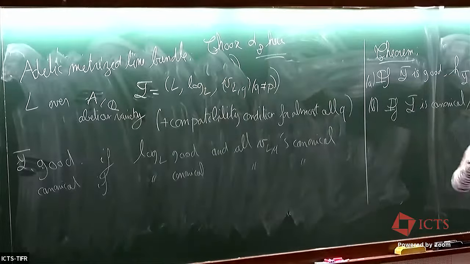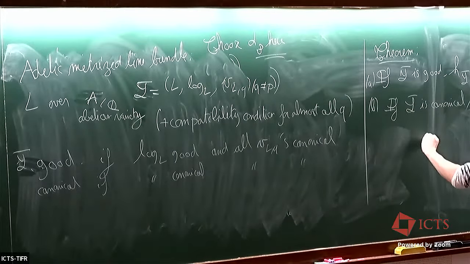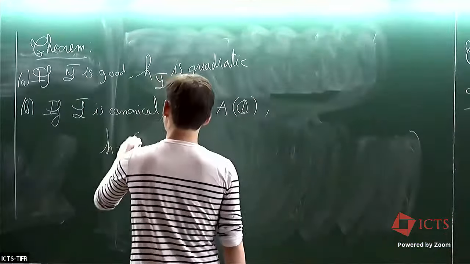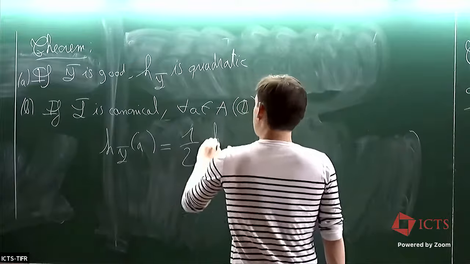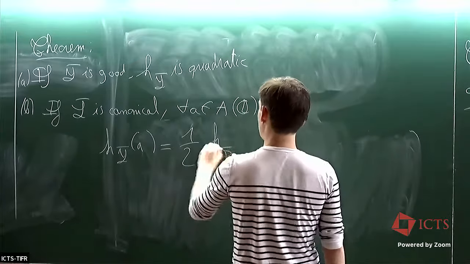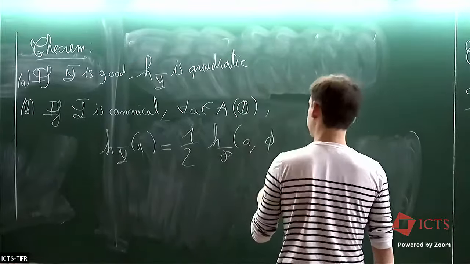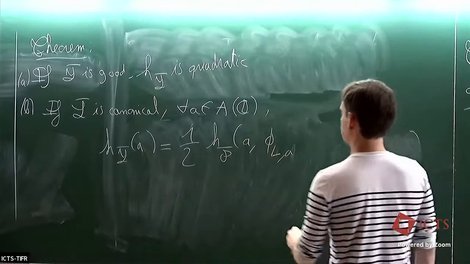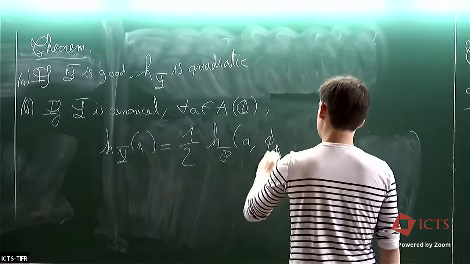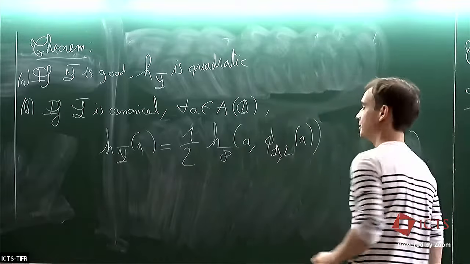Here, for A in A of Q, well, h_L bar of A is the same thing as 1/2 h_P bar of A by the dual, of A.